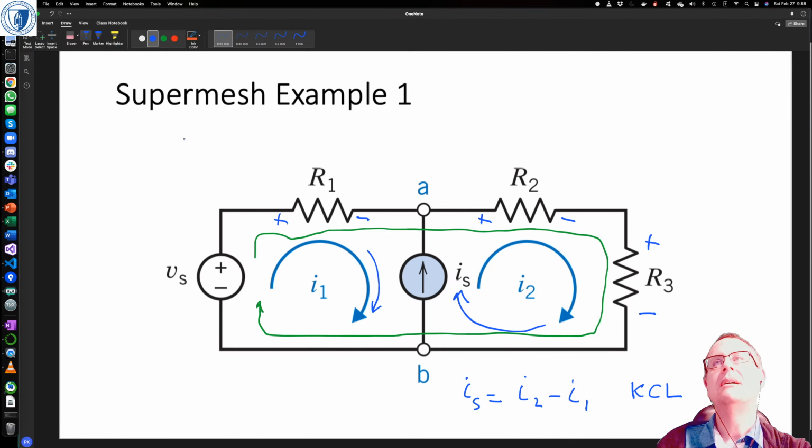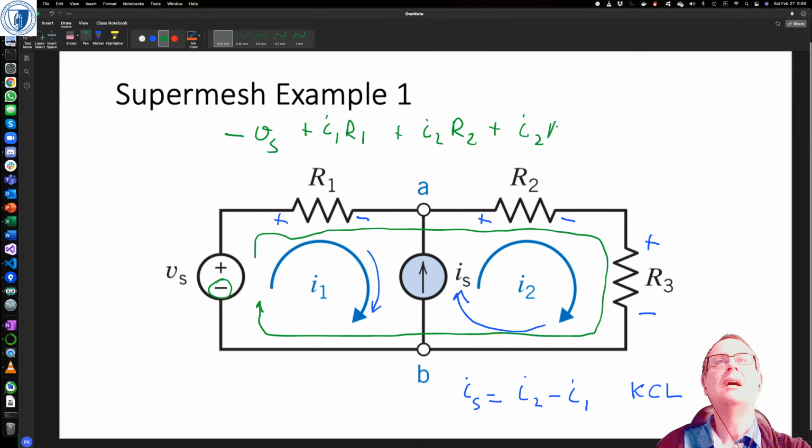So then our super loop equation, the green one, is going to be minus Vs, because we're going into the negative side, plus I1 R1, plus I2 R2, and plus I2 R3.